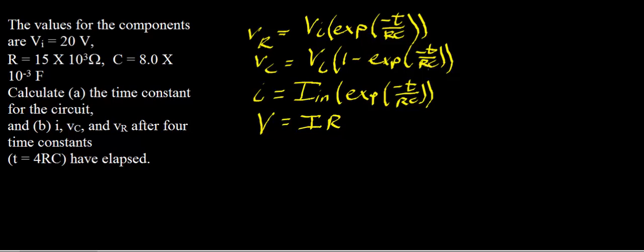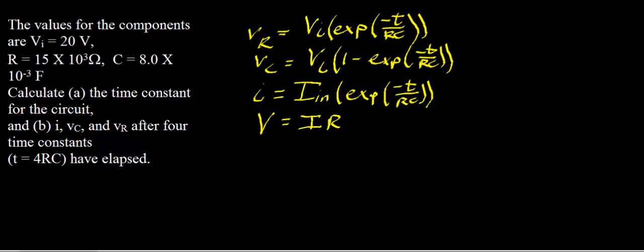In general, if you knew the resistance and the capacitance, you could plug in any time value, like 10 seconds or whatnot. But the whole point is that we're just going to make the math really easy here, and what we're going to find is that resistance and capacitance actually cancel out. This is just a nice case, but just know that you can plug in any time you want. The first thing we want to do is calculate the time constant, because that's part A.